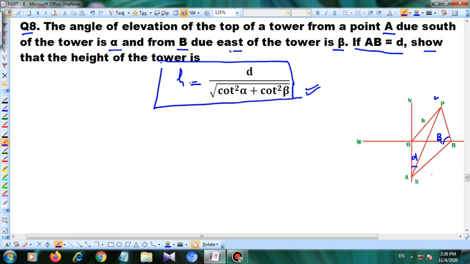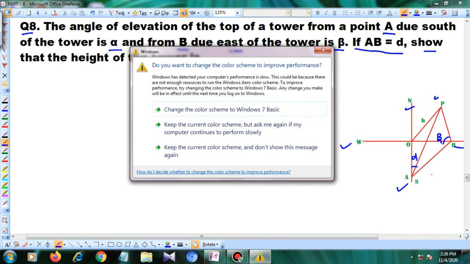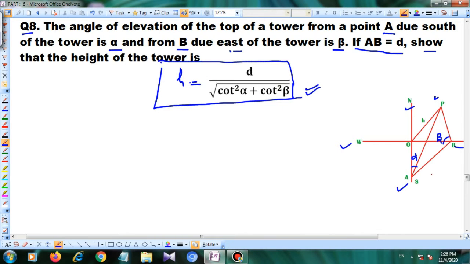So these are the points east, west, north and south. So A is south of the tower, and the elevation of the top of the tower from A is alpha.